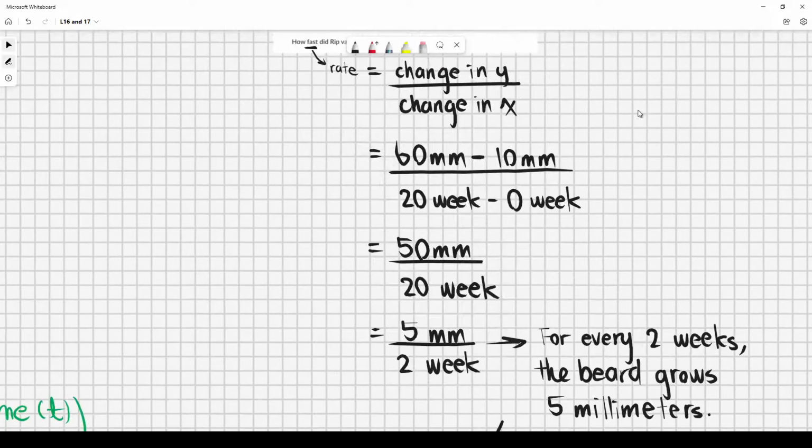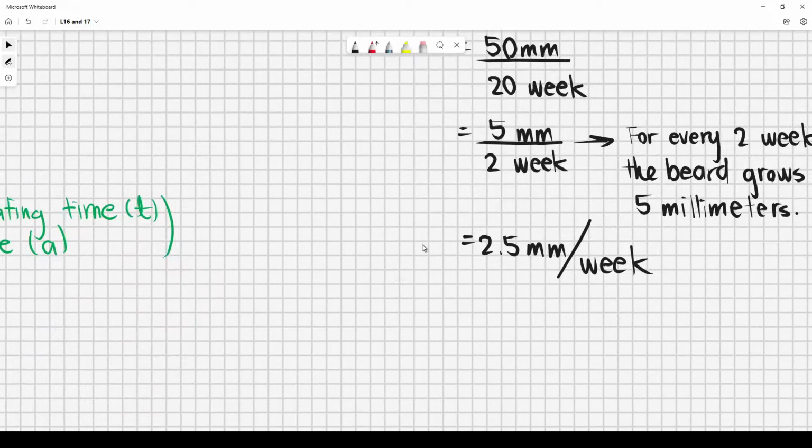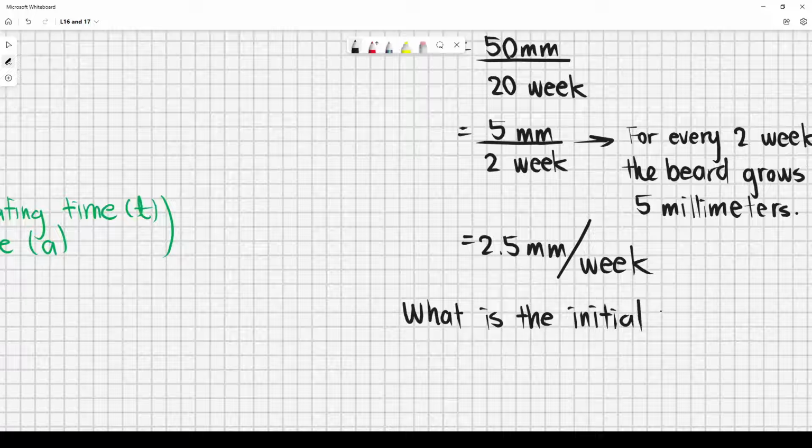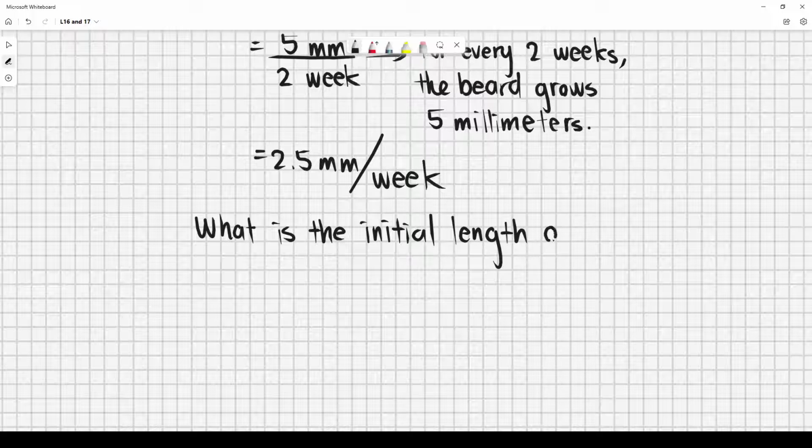And then again, the other question we can ask is, what is the initial length of his beard?